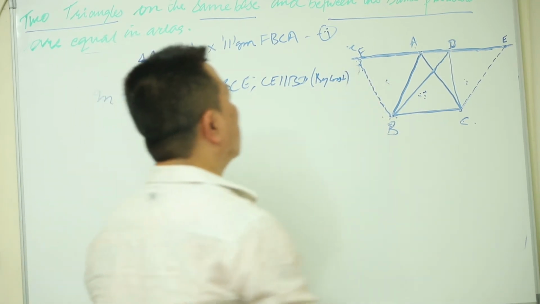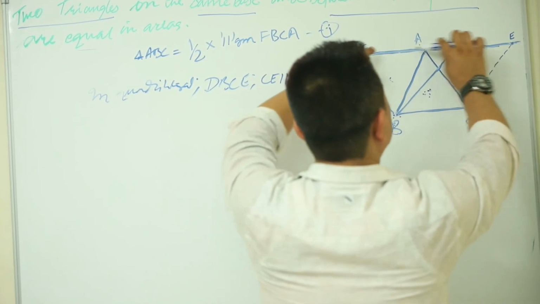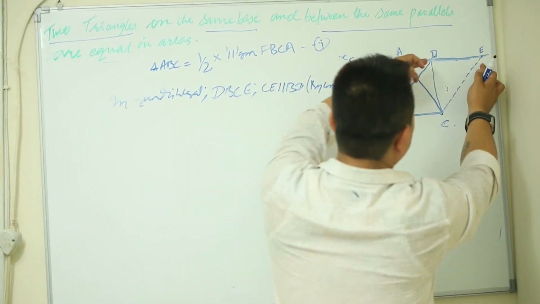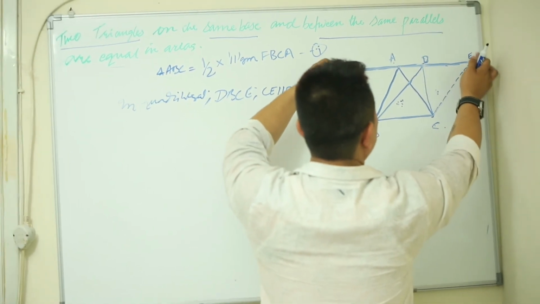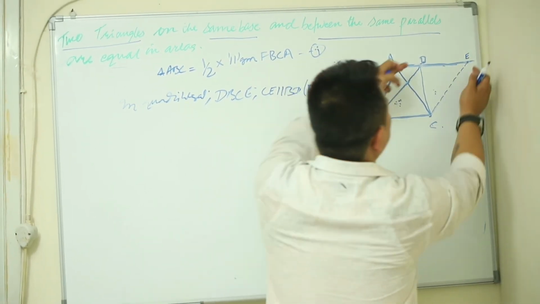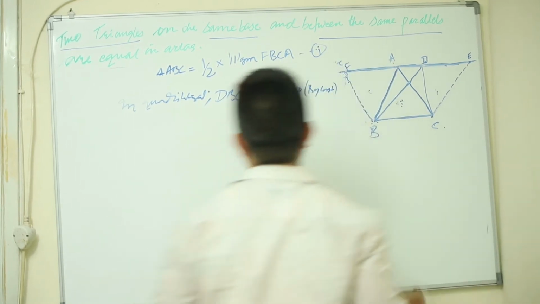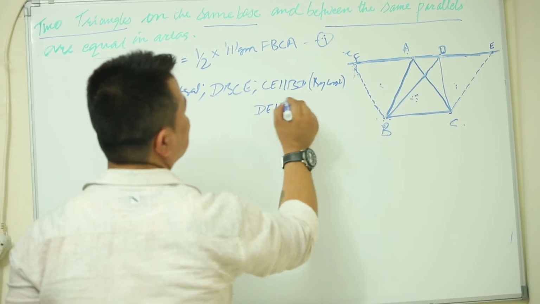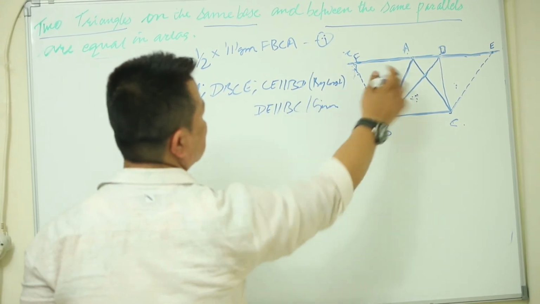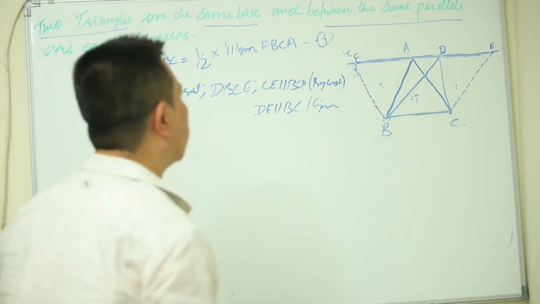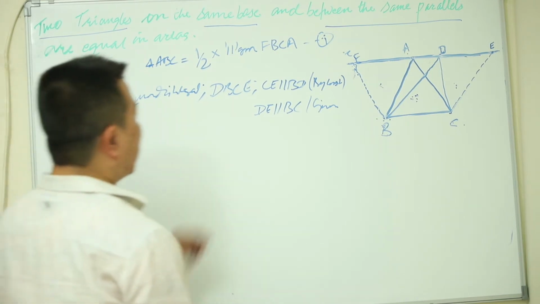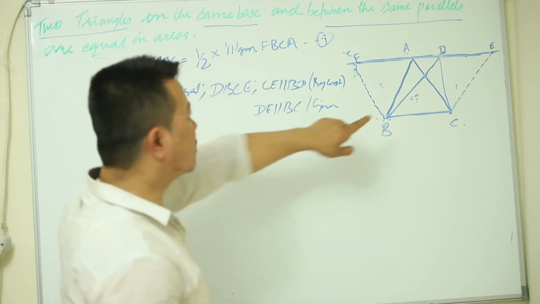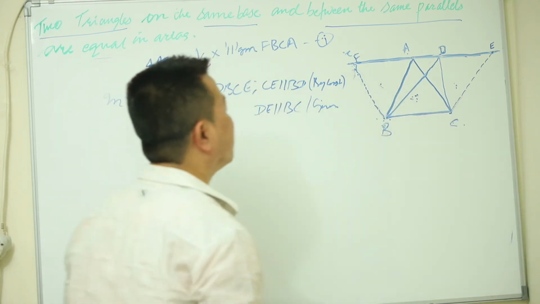Now, as I told you, BC is parallel to this whole line FE, and DE is a part of this whole line. So if the whole line is parallel to BC, then this part DE is also parallel to BC, because these two triangles are standing between the same parallels. Now you come to know that both pairs of opposite sides of this quadrilateral are parallel.